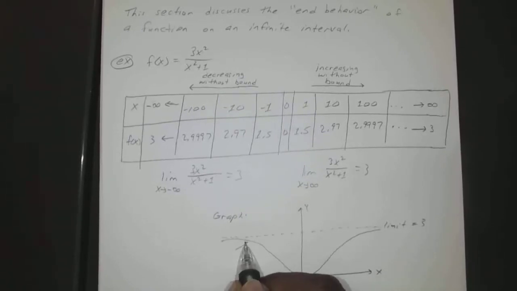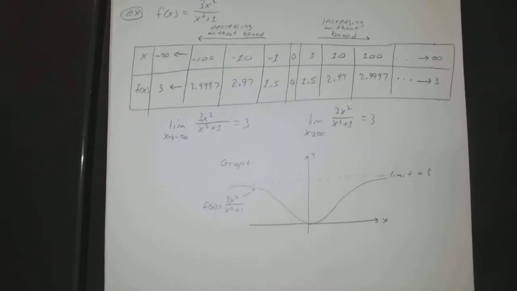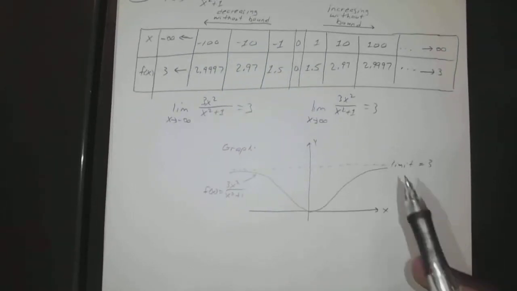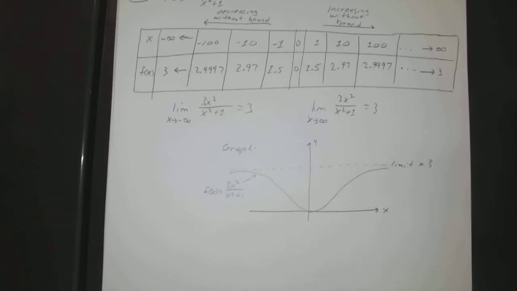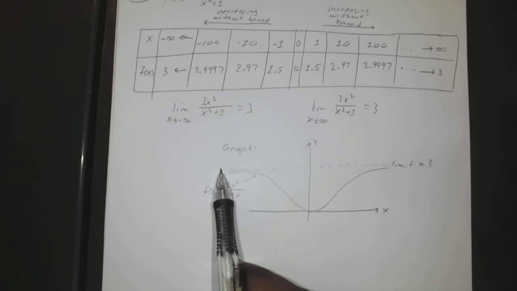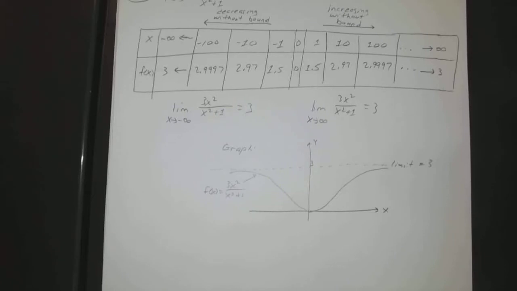So this is f of x equals 3x squared over x squared plus 1. No matter how large you let x become, it'll never pass that. And no matter how small you let x become, it'll never pass that 3. Now this limit 3 is called a horizontal asymptote.